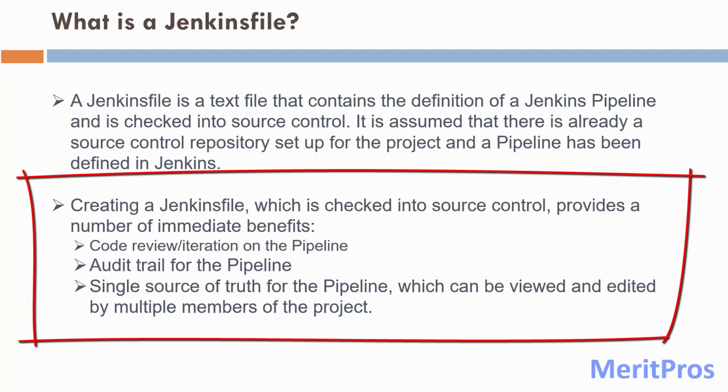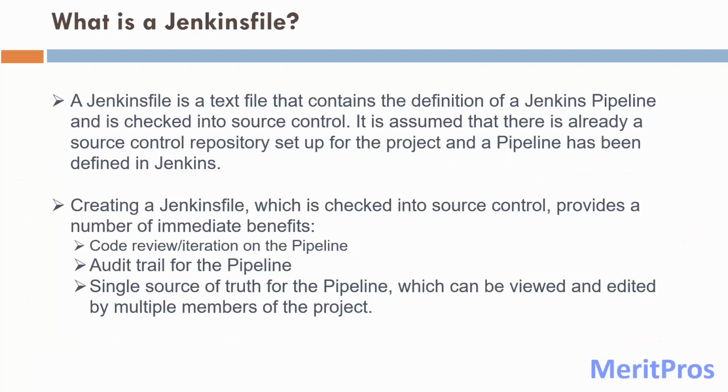Single source of truth for the pipeline which can be viewed and edited by multiple members of the project, right? I won't consider this as a benefit because if a couple of members are not aware and someone has changed something in the pipeline and you're not reading this file, then obviously it will impact others. Getting my point? So it should be linked with the recent changes in the repository and in the pipeline.